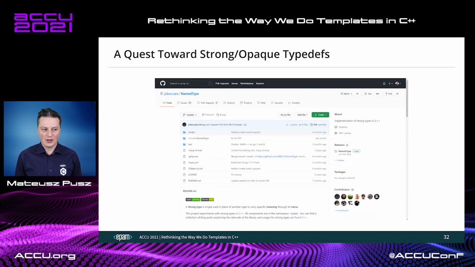In the meantime, there are some libraries that you can use for strong typing, but they don't cover all of the grounds, especially for types like quantity. They will not work correctly because they do not easily expose all of the interface, all of the operators and constructors and so on. So they are good to make strong types from double or integer, but not to cover, for example, a strong type over vector or string.